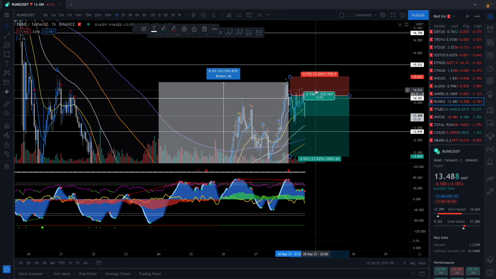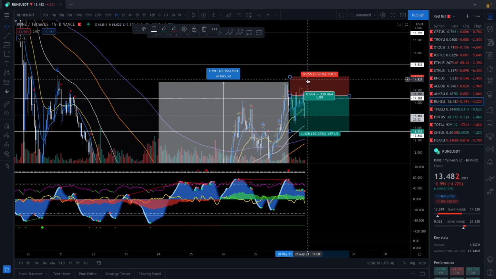Once you wait for confirmation of a top, confirmation of rejection, it's easier to place your stop loss because you can just place it above this swing high right here. And the profit target would be right about there. Still 2-to-1, still really good.